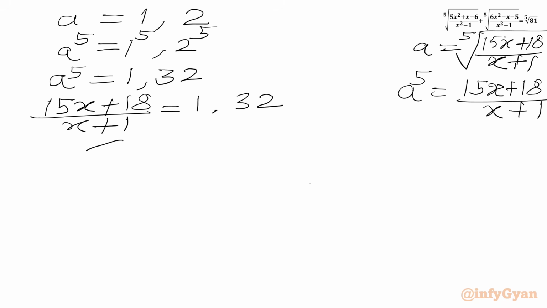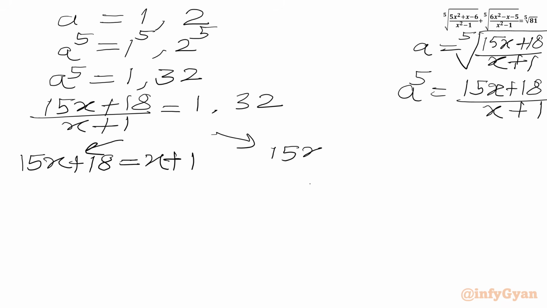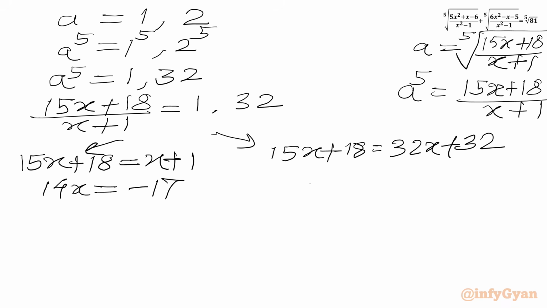So I will create two equations from here. First equation: 15x + 18 = x + 1, and second equation: 15x + 18 = 32(x + 1), which we will write as 32x + 32. So from here we will get 14x = 1 − 18 = −17.